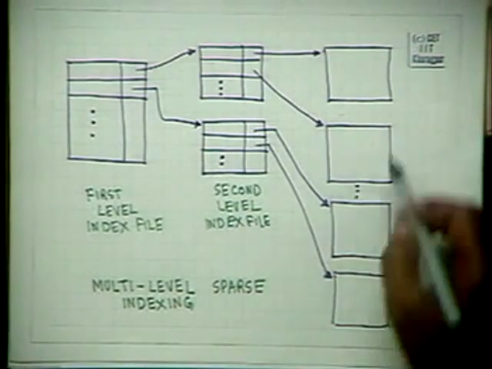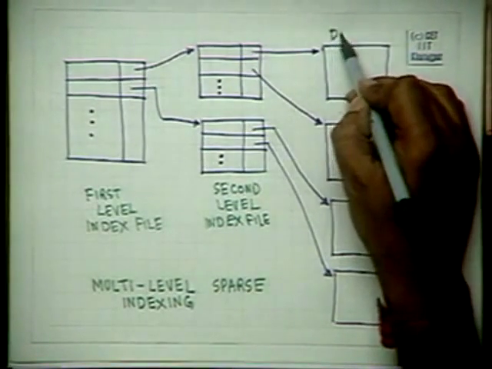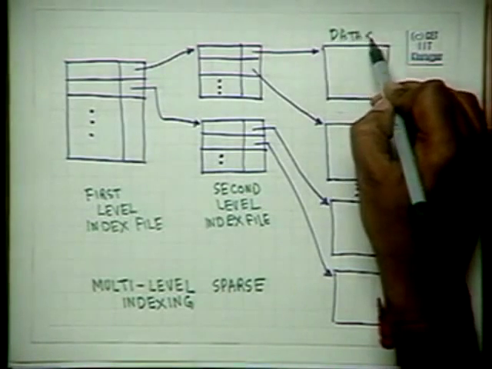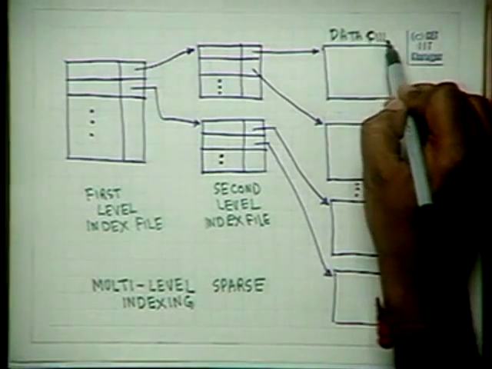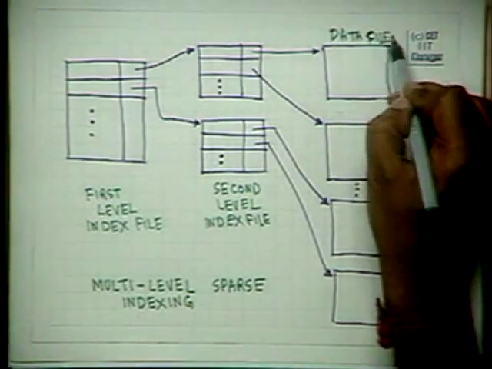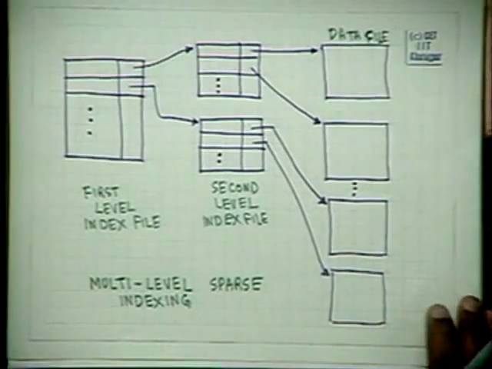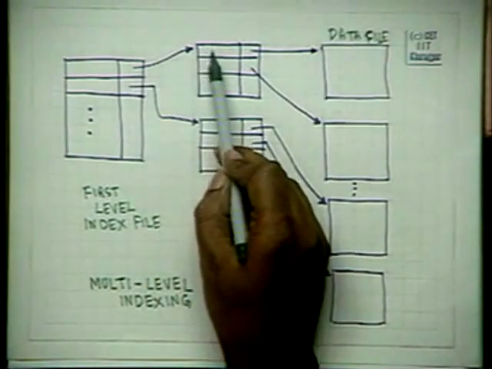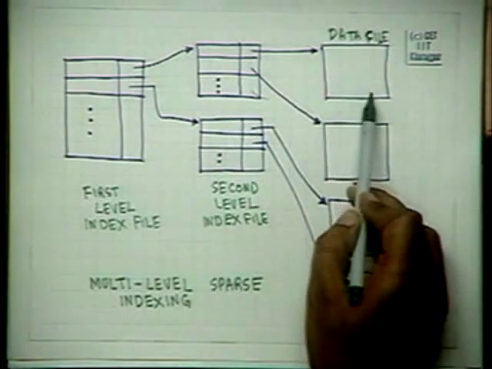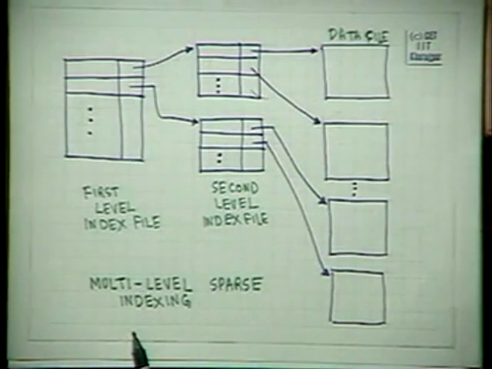And this is finally the data file, the sequential data file. So in the first level you get here, and then you point here, and then you come here and you get the actual element.